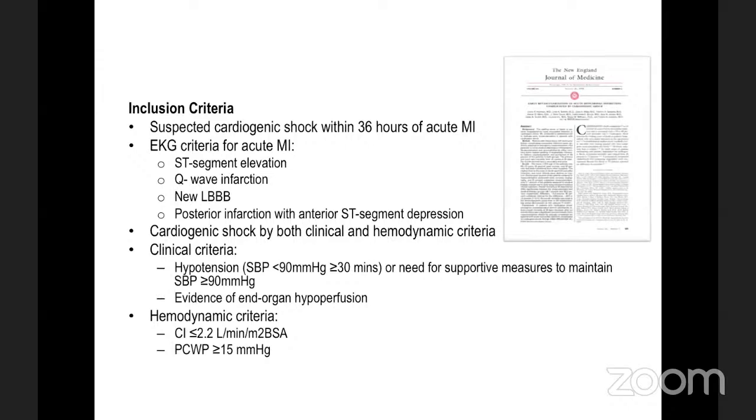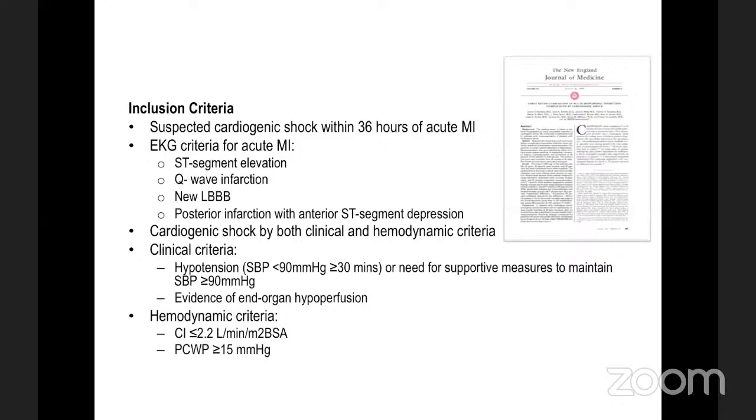So they included cardiogenic shock within 36 hours of acute MI. They defined acute MI according to the EKG: ST segment elevation, Q wave infarction, and a new left bundle branch block. And cardiogenic shock by both clinical and hemodynamic criteria.